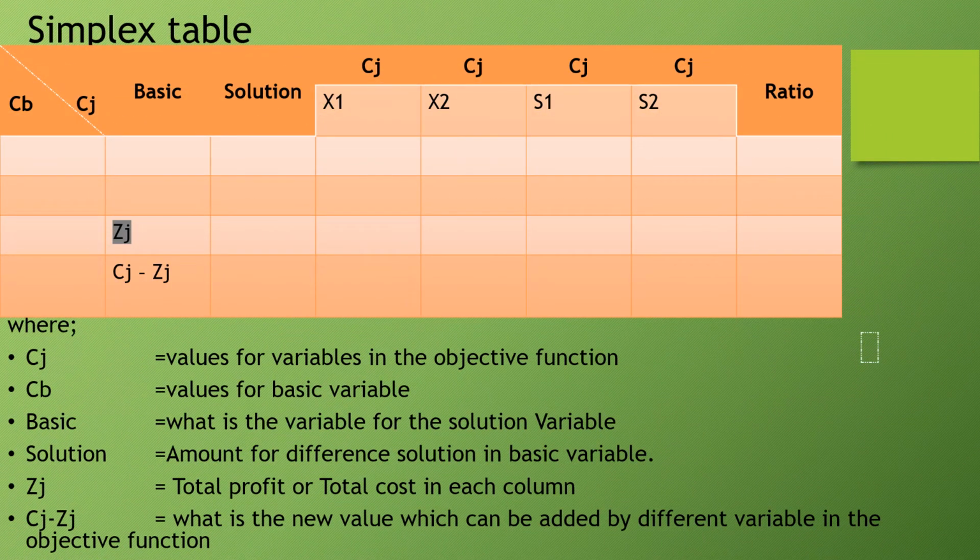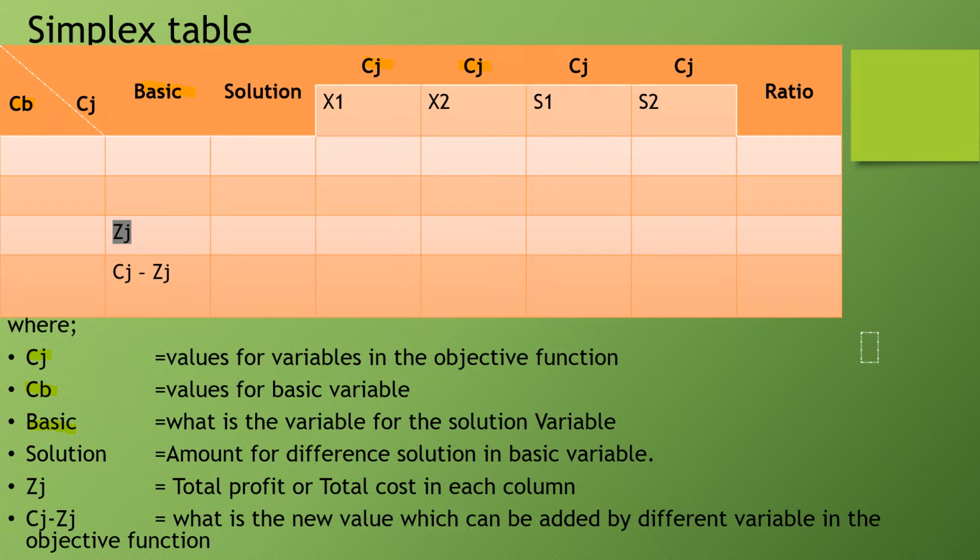Now you can see the simplex table. In the simplex table, Cj reflects the values for variables in the objective function. The Cb reflects the values for basic variables. The basic is the variable value for the solution variable.